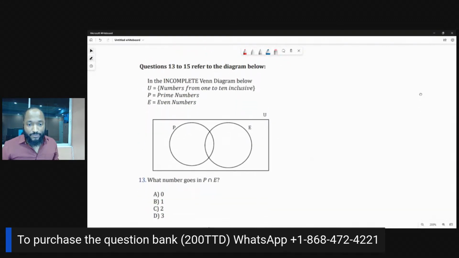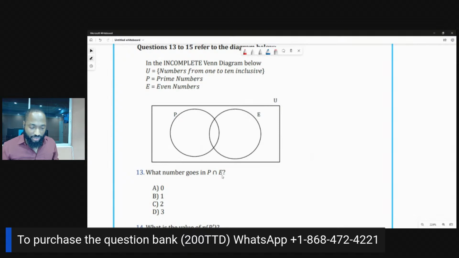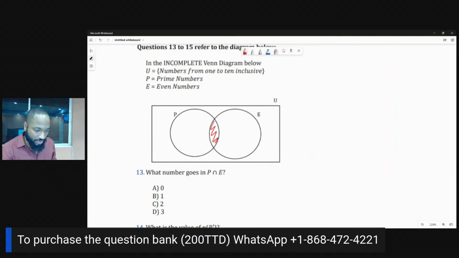Good. What number goes in P intersect E? So you want to know what to put here. Numbers from 1 to 10 inclusive. You have your prime numbers and you have your even numbers. CXC will find some way to ask you to see if you know that 2 is a prime number. So one number goes in here, the number 2. This is a prime number and it's even.